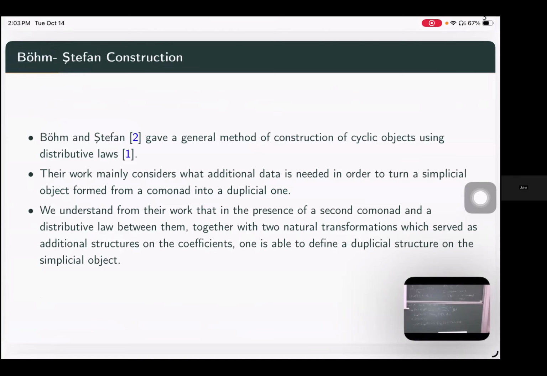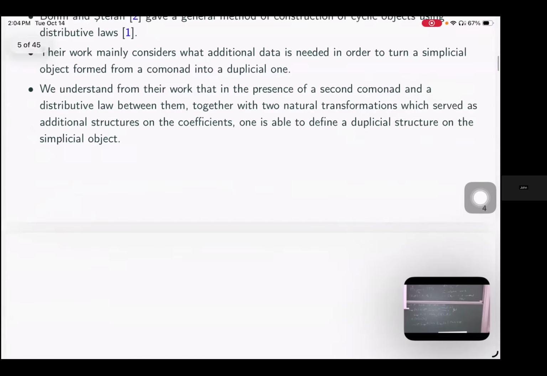And we understand that, okay, if you have a comonad, you can form a simplicial object from that. Now, if you get a second comonad and a distributive law between these two, then you would be able to define, or let's say put some sort of differential structure on this simplicial object.